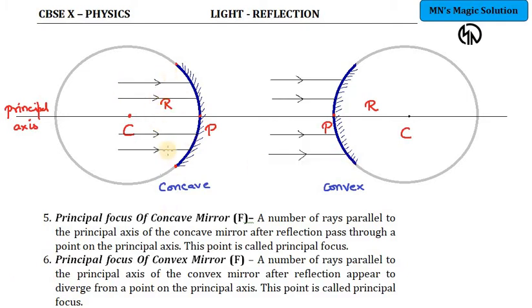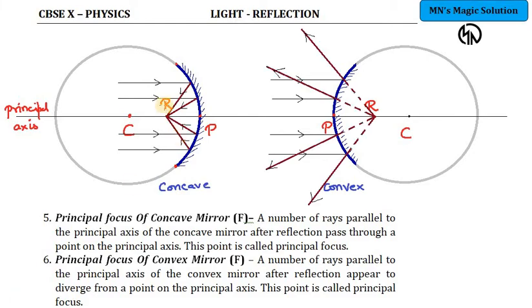See here, in both the mirrors, a parallel beam of light, which is represented by straight parallel rays, is hitting the mirrors. After reflection, what happens to this parallel beam of light? In case of concave mirror, the parallel rays after reflection converge at one point. Other way, in case of convex mirror, the parallel beam of light gets diverged.